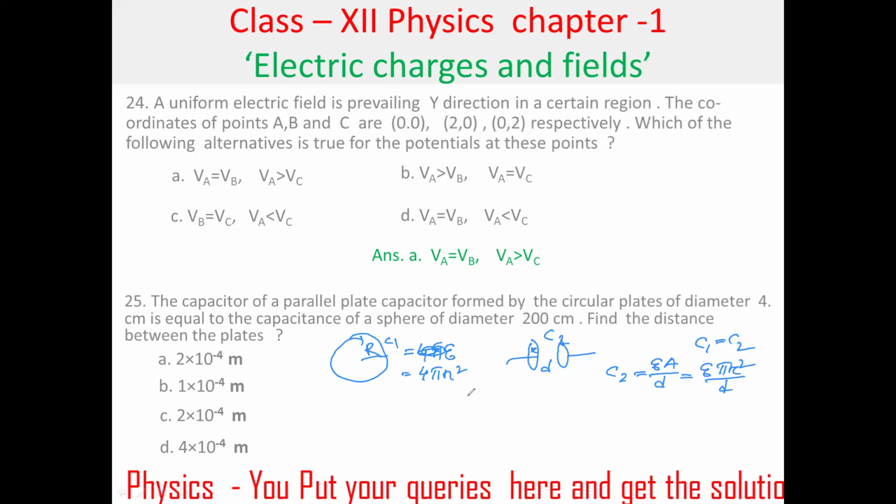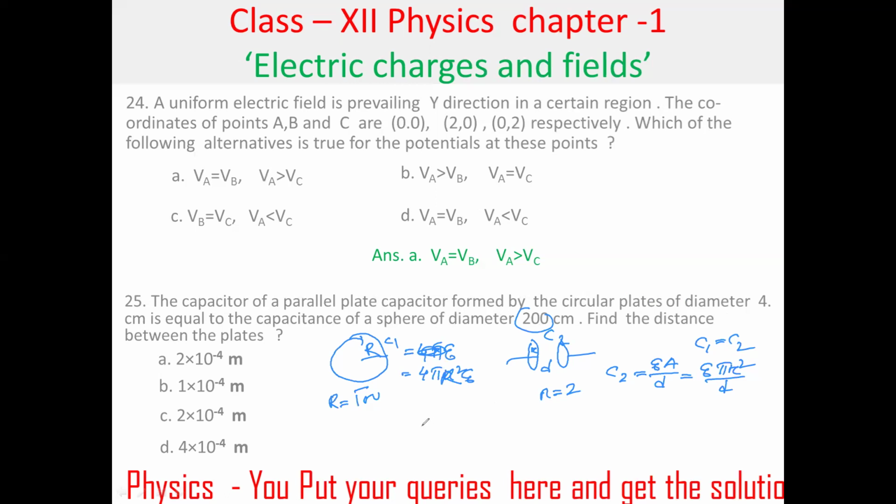Here the diameter is given as 200, so R would be 100 cm, and here the diameter is 4, so small r would be 2 cm.